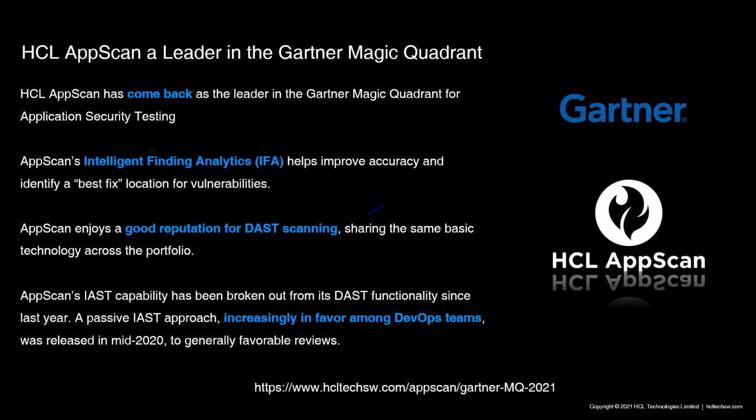Actually, we have been since 2021, which is last year, and this is mainly due to the observation that AppScan has made a lot of significant improvement on various different areas, such as providing things like how to best fix vulnerabilities that are found in your application, not just showing you where the problems are, but guiding the users through how to perform the fixes, and down to language specific guidance, language specific documentations.